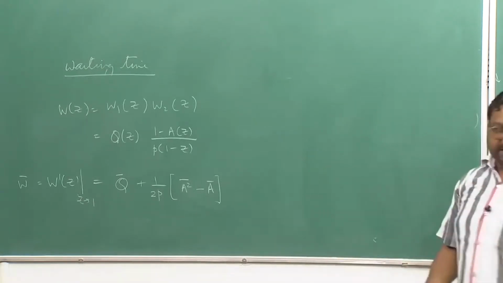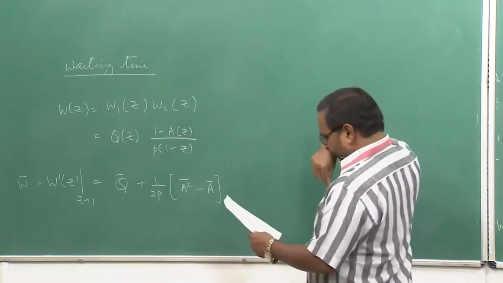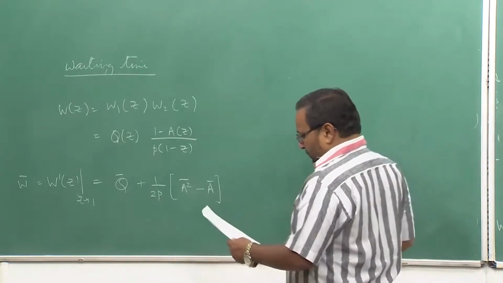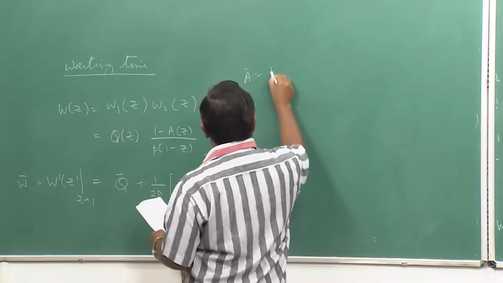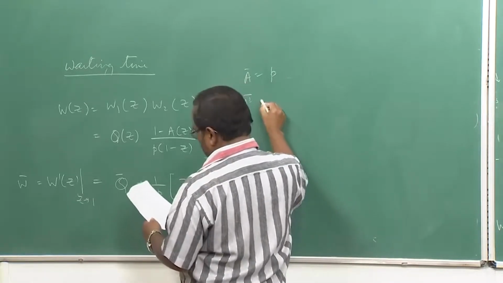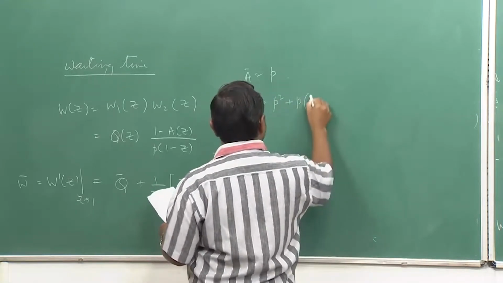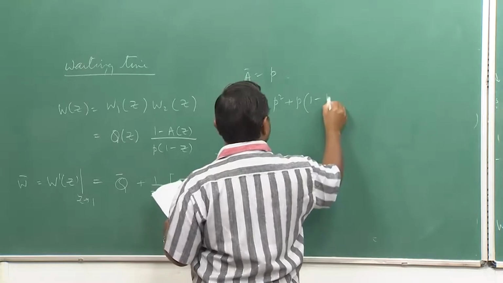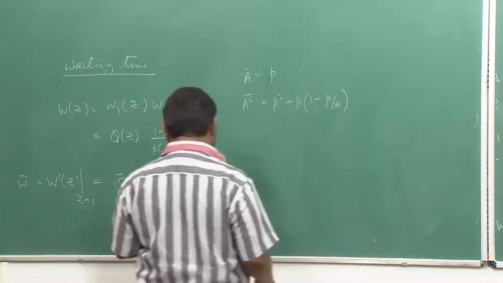And this is more or less a standard result in any queuing theory book. So, your A square bar will be P square plus 1 over P by N, okay.